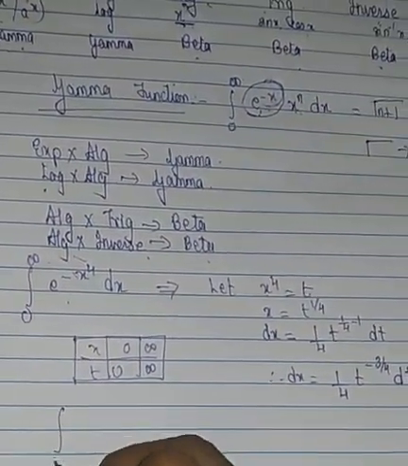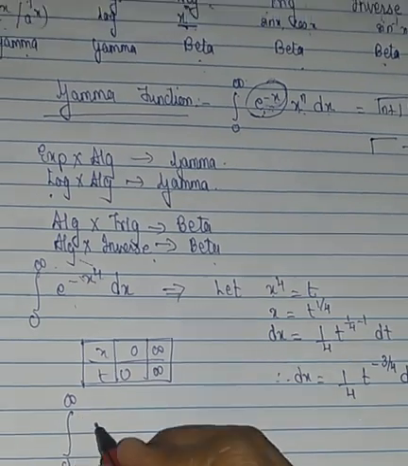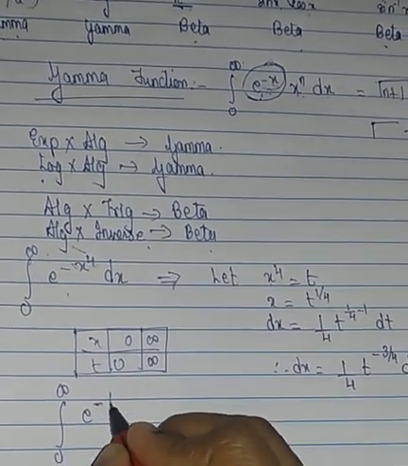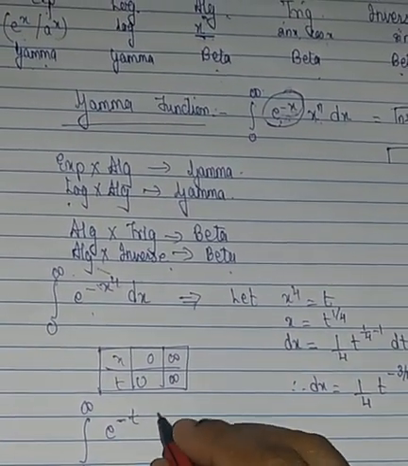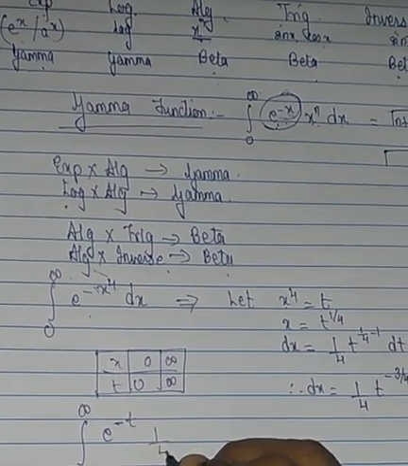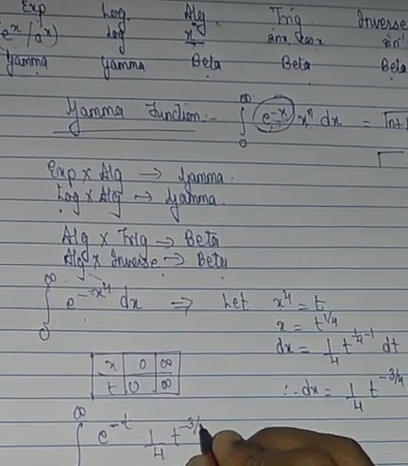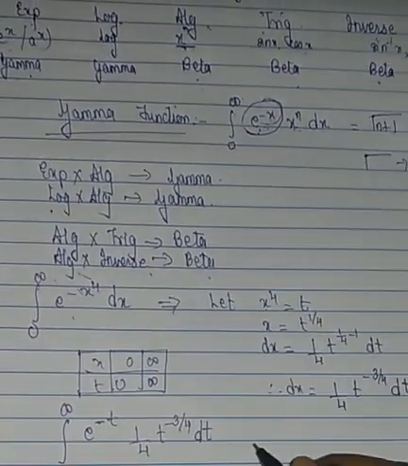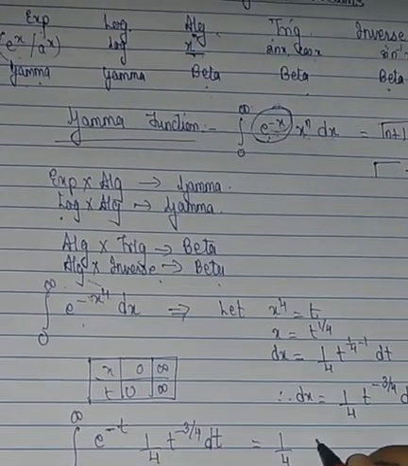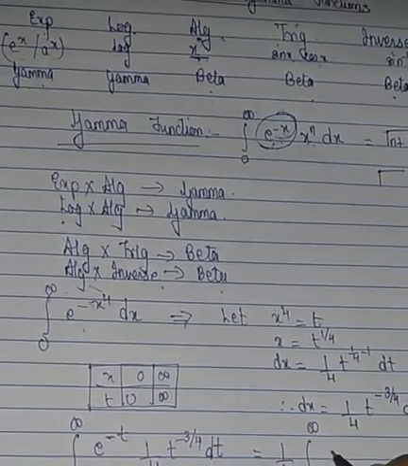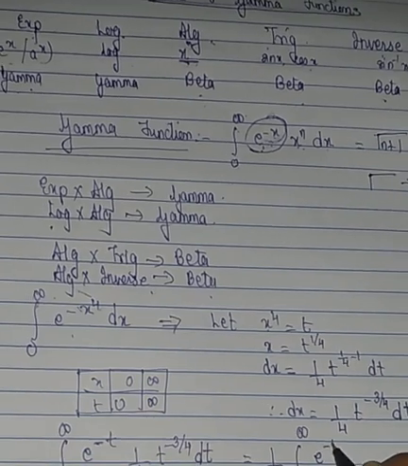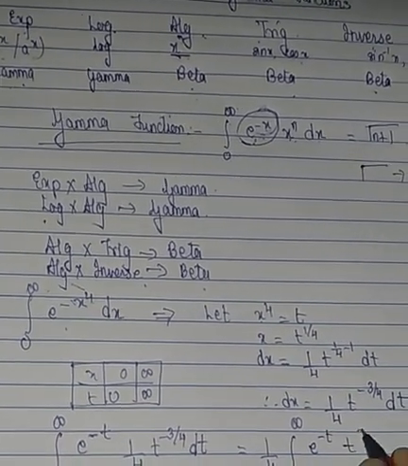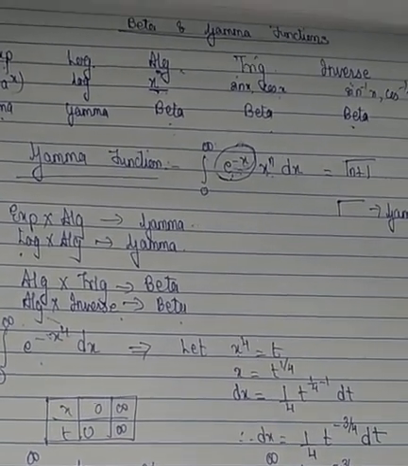Next, the given integral becomes 0 to infinity e raised to minus t. What is the value of dx? It is 1 upon 4 t raised to minus 3 upon 4 into dt, which is nothing but 1 upon 4, a constant outside, times the integral 0 to infinity e raised to minus t, t raised to minus 3 by 4 into dt.